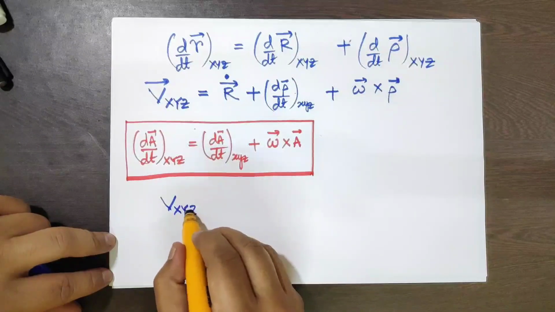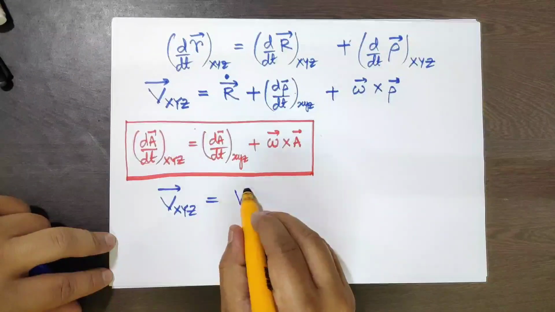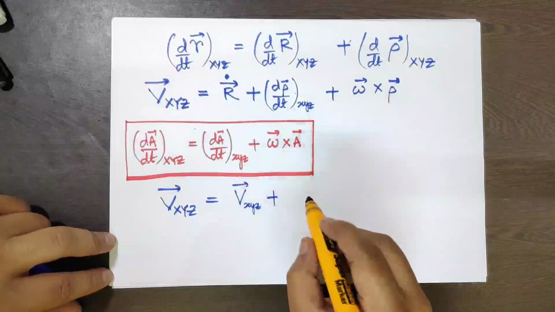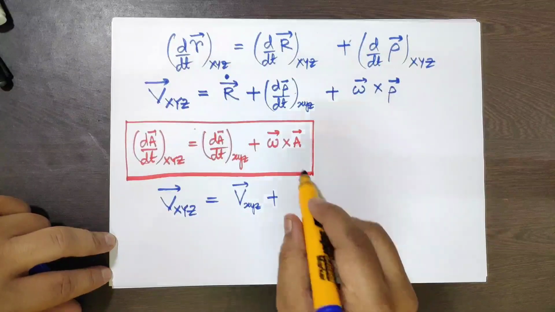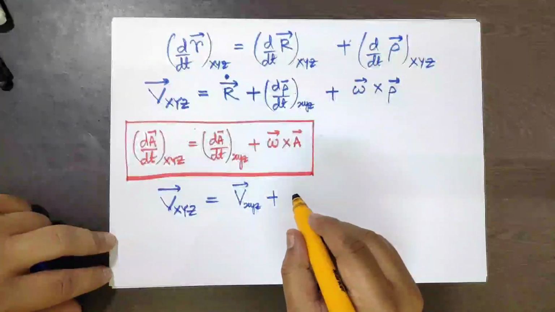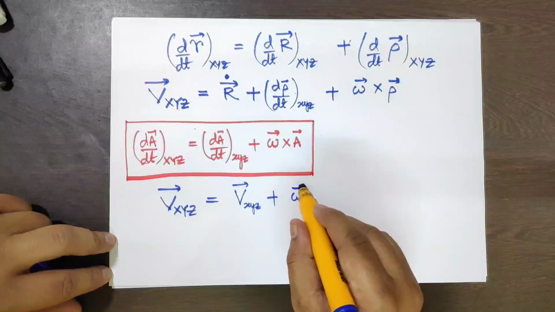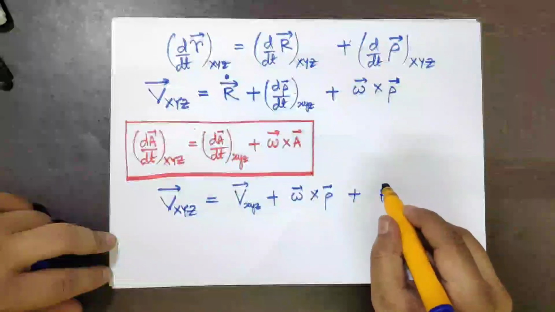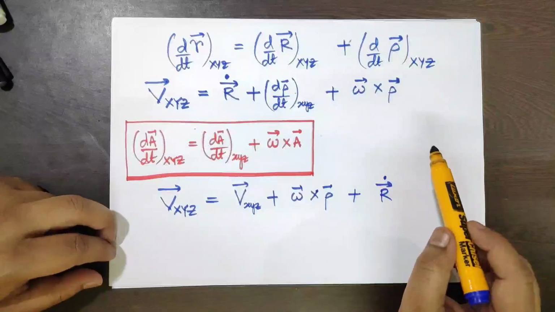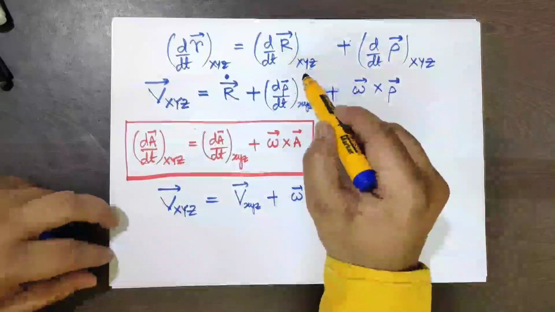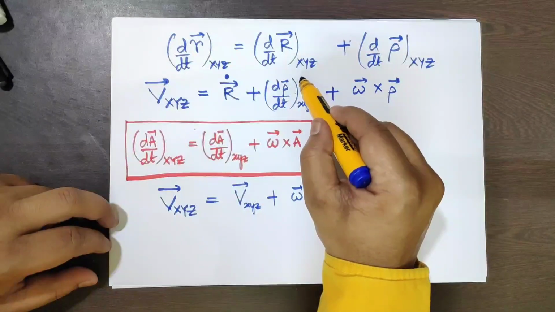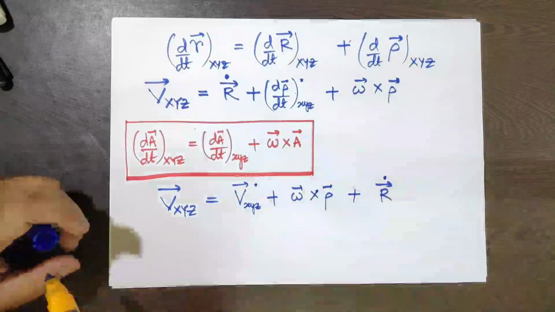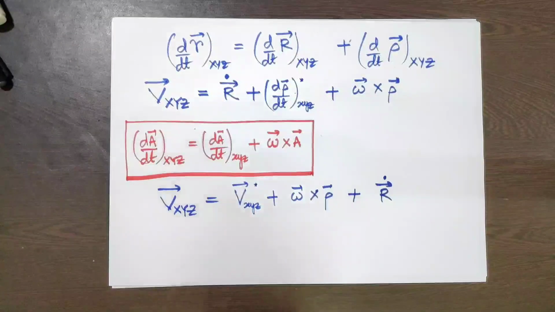Here v capital XYZ is v small xyz plus omega cross rho plus this term, R dot; I missed out this one. This d rho/dt small xyz is this term, v small xyz. So that is the expression for relative velocity.